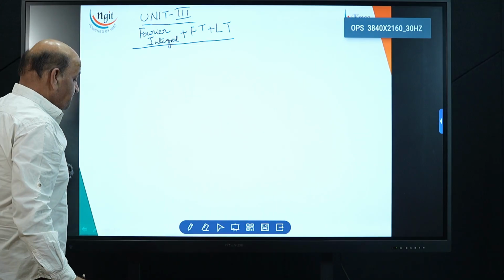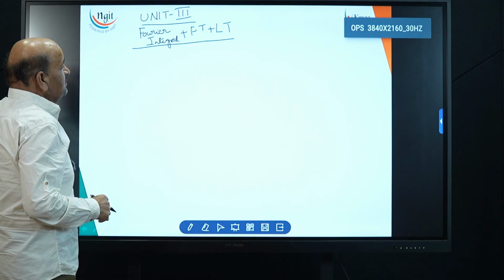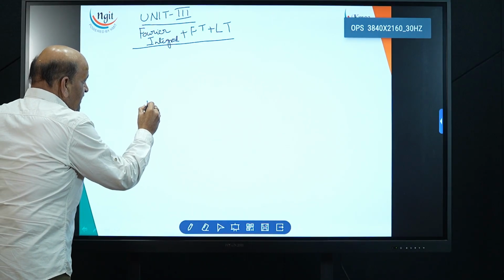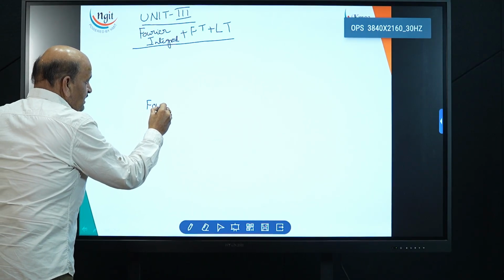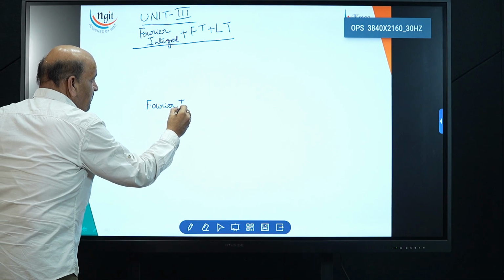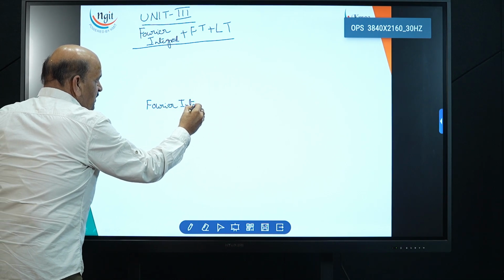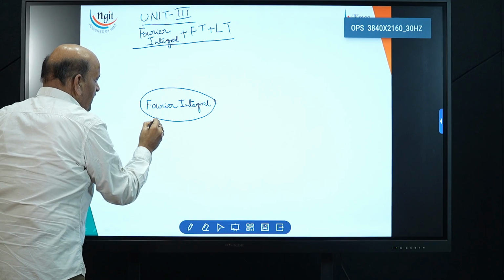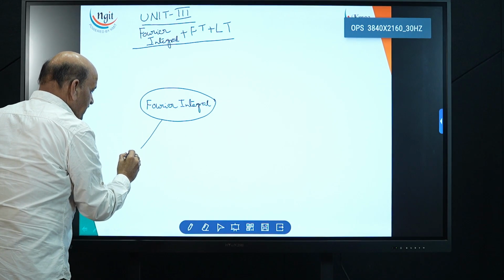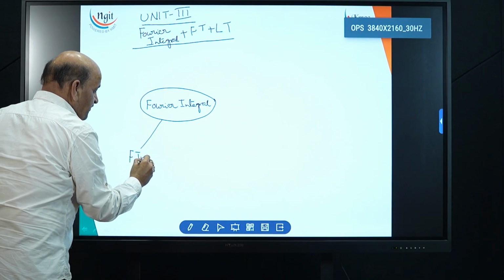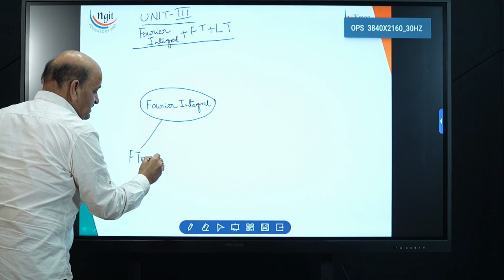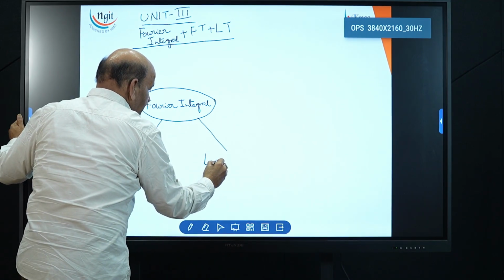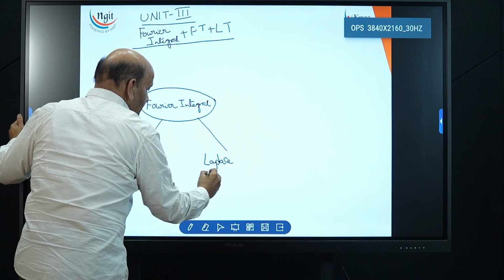Now look at this 3rd unit. We have to begin with Fourier integral. Now just look at this, this is Fourier integral. From this Fourier integral concept, we are going to study Fourier transforms or transformations. Similarly, here we are going to start with Laplace transforms.